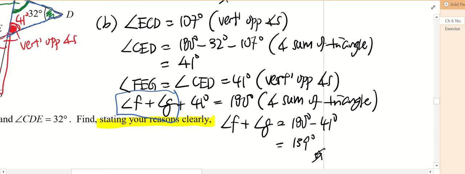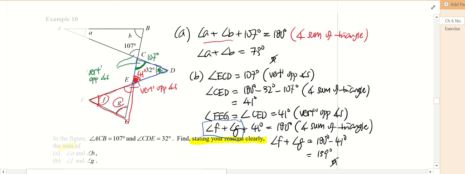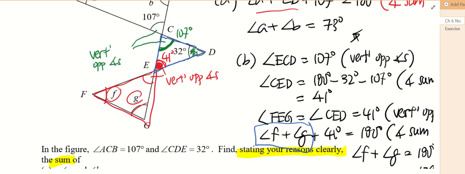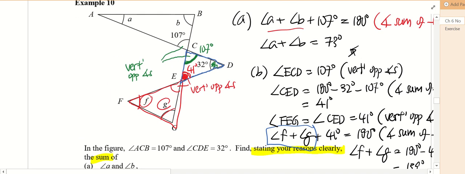In this question, we are using knowledge from the previous part, which is vertically opposite angles. Just now I mentioned that if the question did not state, you cannot assume that these lines are straight lines, because when I do vertically opposite angles, I am indeed assuming that this line here, for example, and this line, are straight lines.